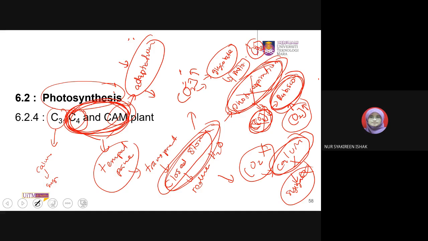By having PEP carboxylase, dia akan bind kepada carbon dioxide dan dia tak combine langsung kepada oxygen. So that is the first carbon fixation. Sebab dia boleh adapt, sebab dia ada enzim PEP carboxylase, dia hanya akan bind kepada carbon dioxide walaupun carbon dioxide concentration in the leaf is low.